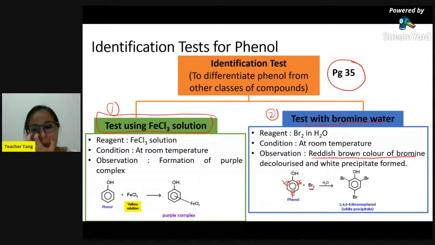So because of that, electrophilic aromatic substitution of phenol boleh berlaku at 246 position to give you 246 tribromophenol, and that is white precipitate. Okay, so the observation when you test it with bromine water is you see the reddish brown color of bromine decolorized and the white precipitate form.